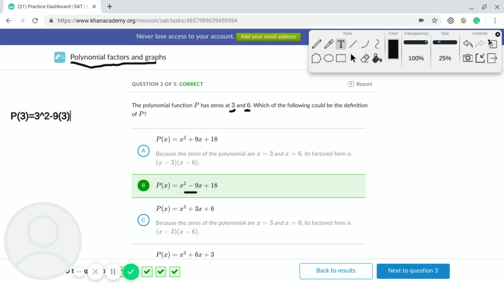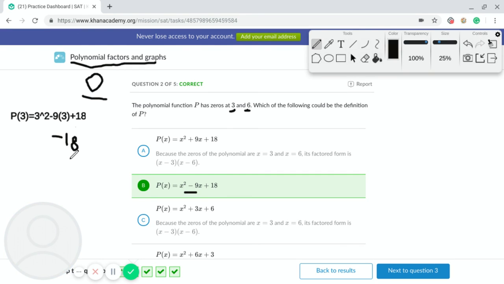Okay, so 27, which is 9 times 3, right here. But 9 minus 27, 9 take away 27, is negative 18. And negative 18 plus positive 18 is, whoop-de-doo, a 0.